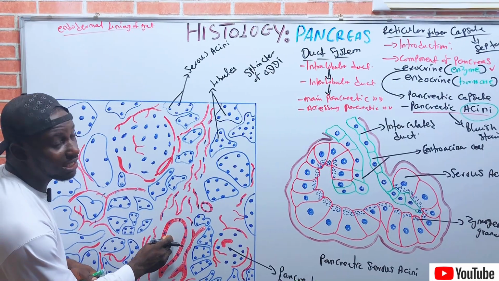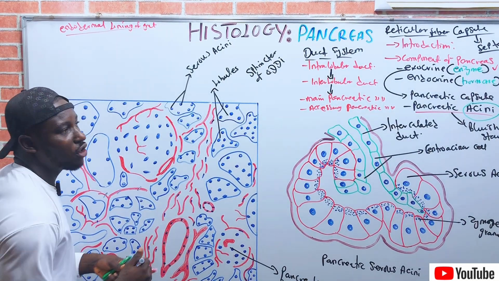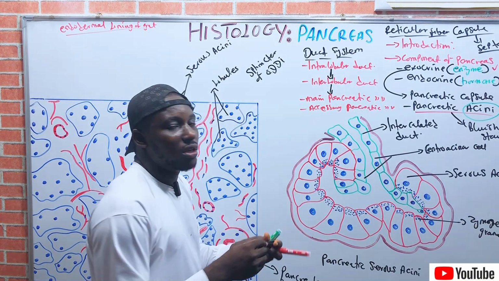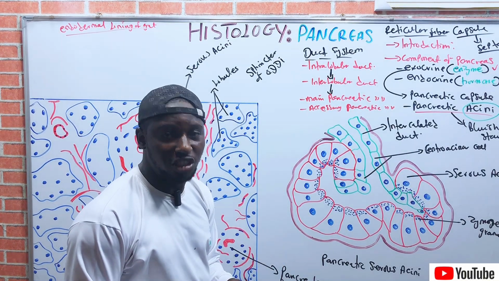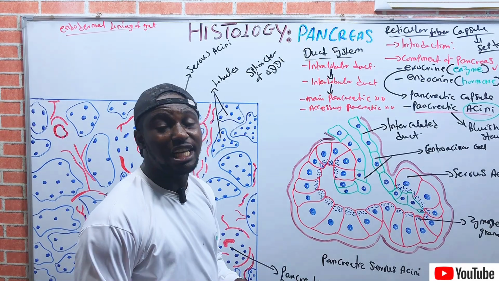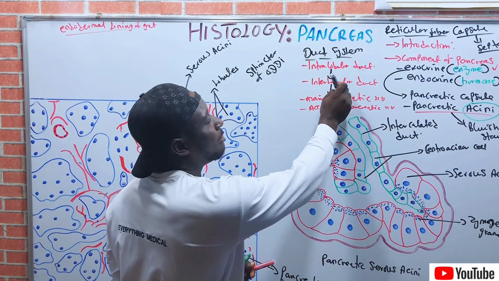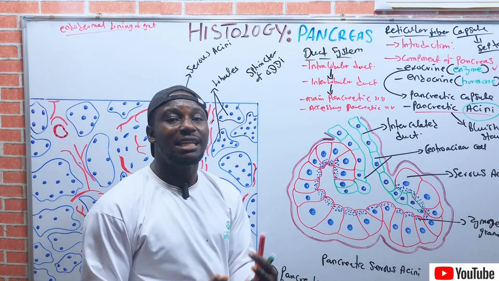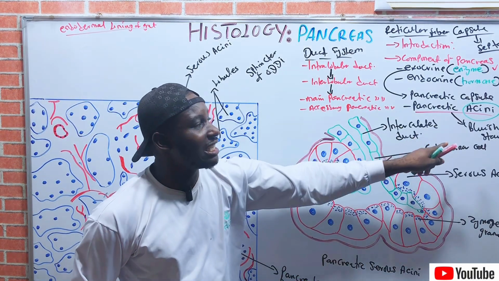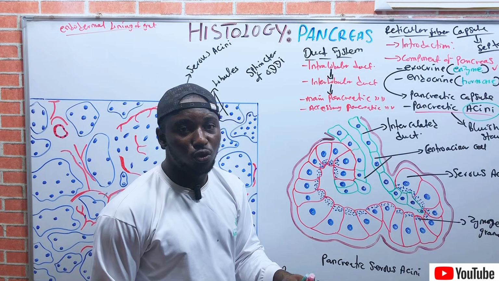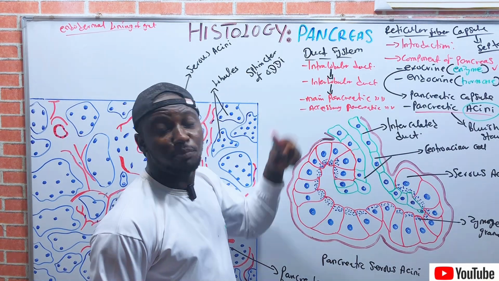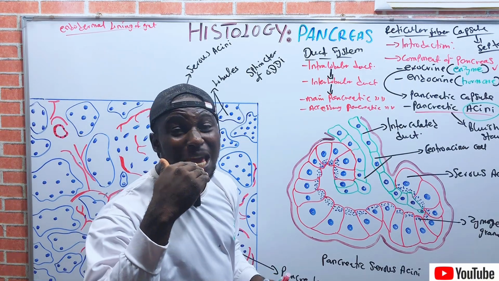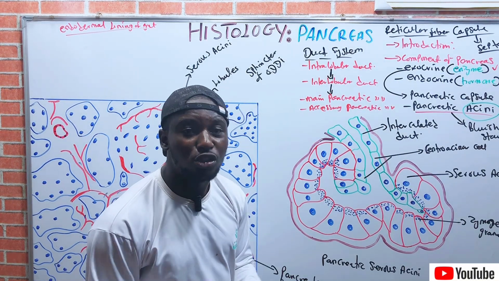Here is that larger duct. Recall that the larger duct, which is the interlobular duct, is formed by fibrous tissue, which is being lined by a columnar epithelium. The larger duct by which those pancreatic secretions from the pancreatic acini pass through, which is this, is being lined by a columnar epithelium, and it is also composed of fibrous tissue.